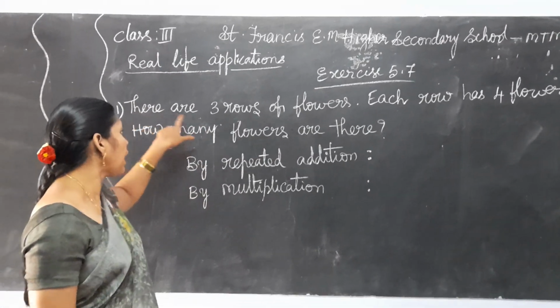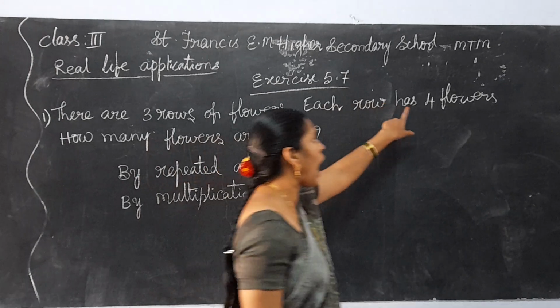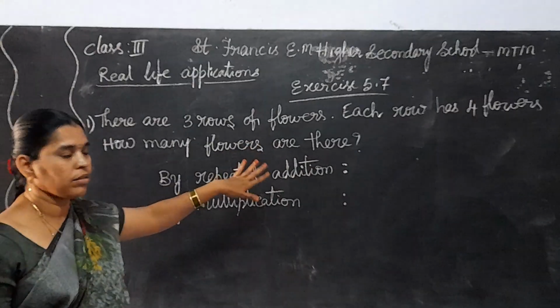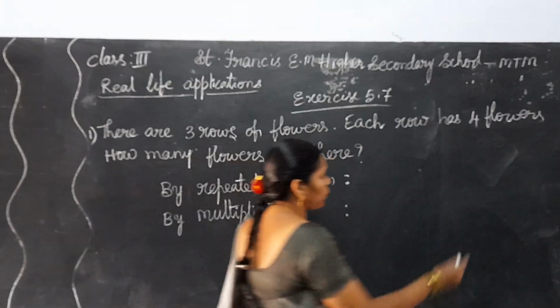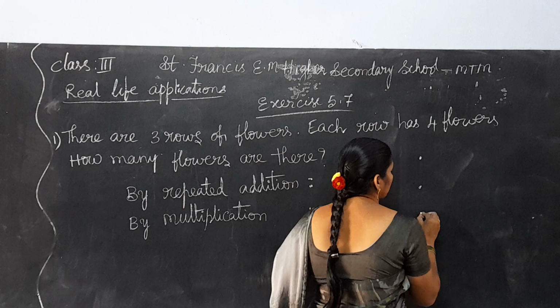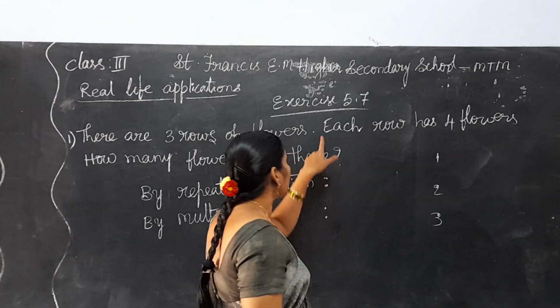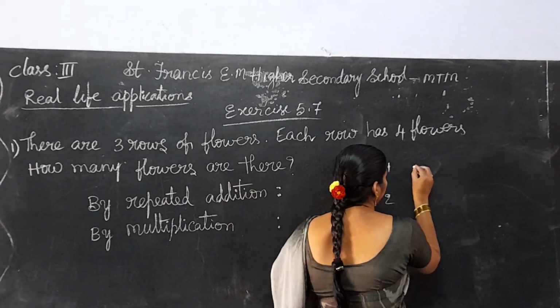Okay, see. There are 3 rows of flowers. Each row has 4 flowers. How many flowers are there? Here how many rows? 3 rows. See, suppose 1, 2, 3. These are the 3 rows. Each row has how many flowers? 4 flowers.